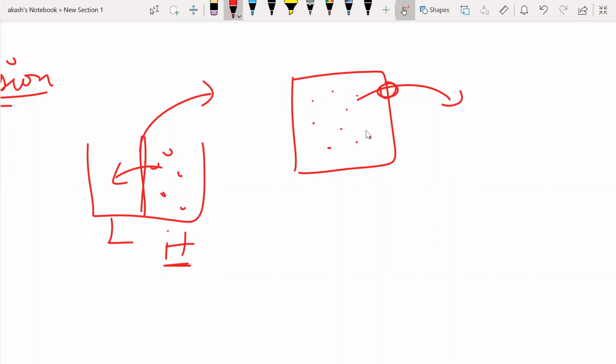Now we will see what are all the factors which will affect the rate of diffusion or effusion, how fast a gas diffuses, how fast a gas effuses. All these things we'll see, and we'll try to give a mathematical picture to that.